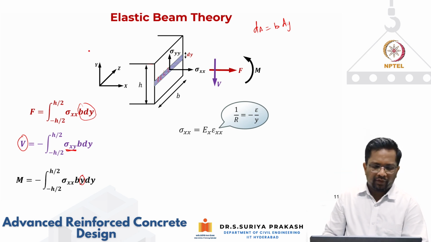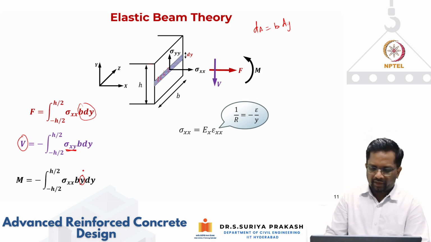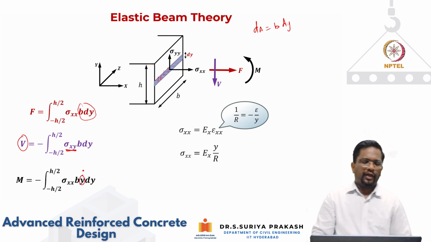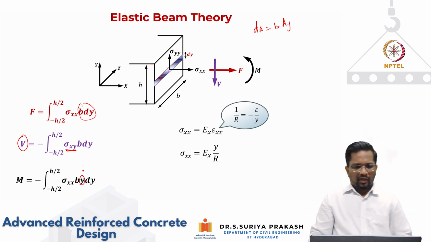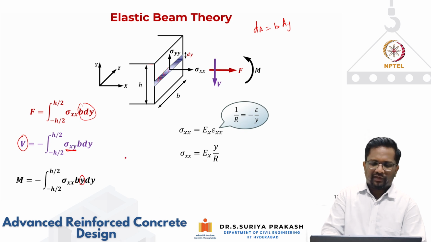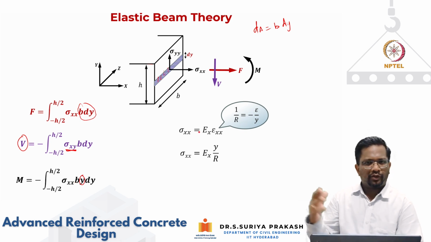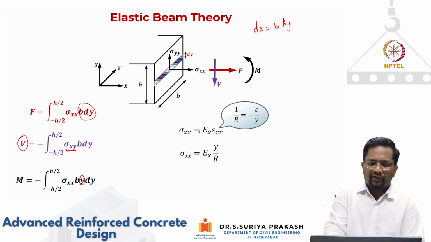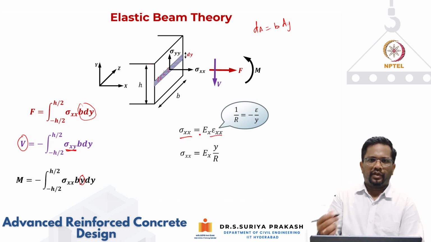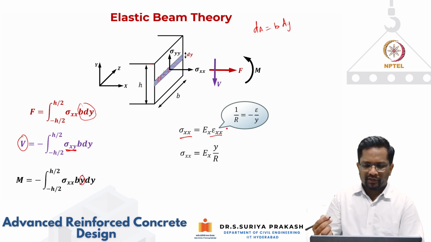Now we can also do a little bit of simplification. When you integrate this, we know that b dy is nothing but your elemental area. Now, if the material is going to remain elastic, then stress and strain can be expressed in terms of linear elastic behavior: stress is elastic modulus multiplied by the strain.